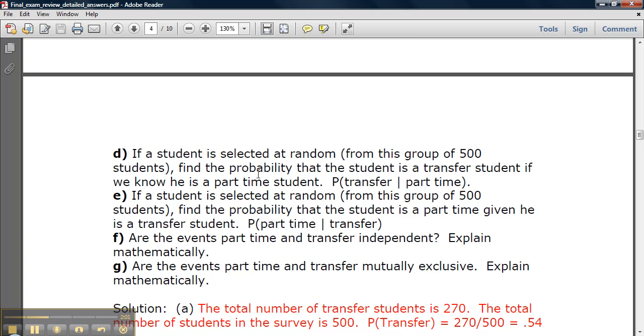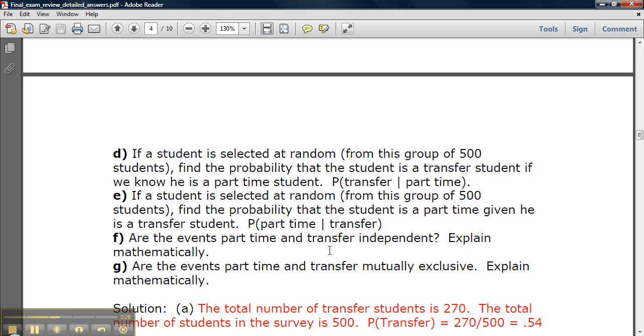And here, are the events part-time and transfer independent? What does that mean? That means you have to do two sides of this. You have to look at the probability that an event is part-time. Is that equal to the probability that the event is part-time given that you're choosing a transfer student?